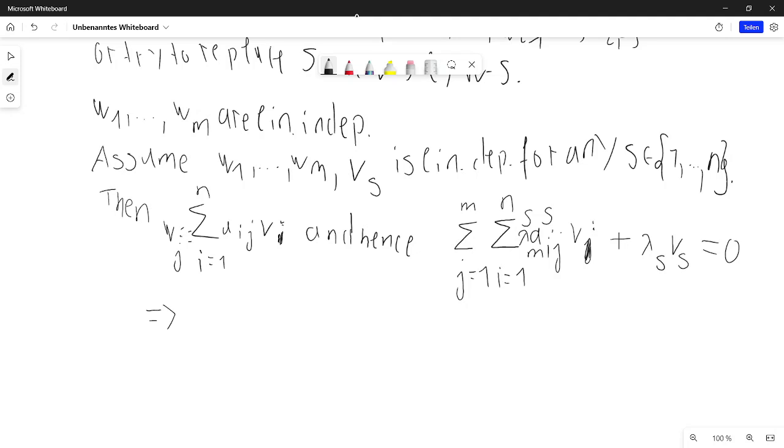So let's reiterate what we do. For each s, we take as vectors w1, ..., wm, and vs. So we take w1, ..., wm, v1, then w1, ..., wm, v2, and so on until vn. Each such choice gives a sequence of vectors where m plus 1 vectors are in it, right?